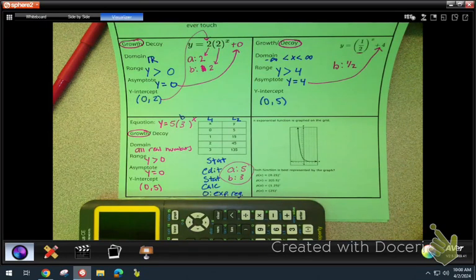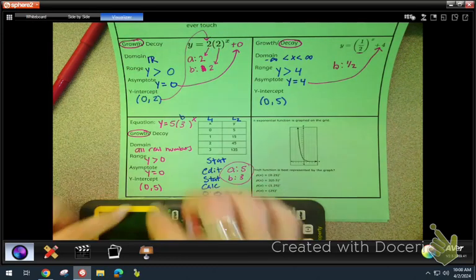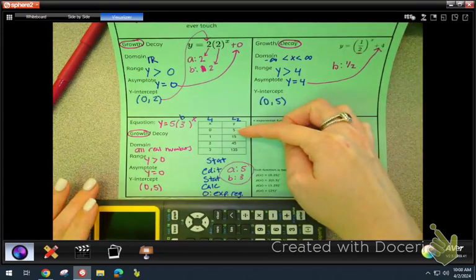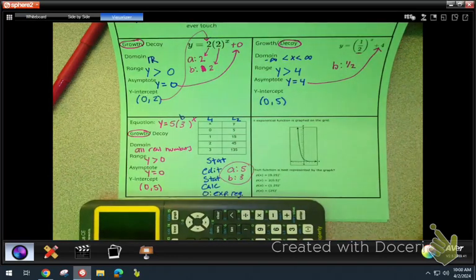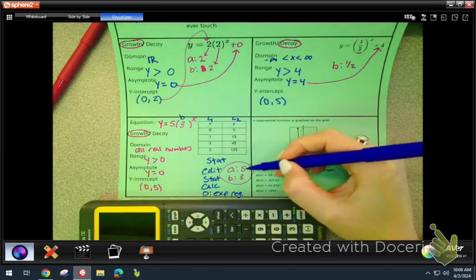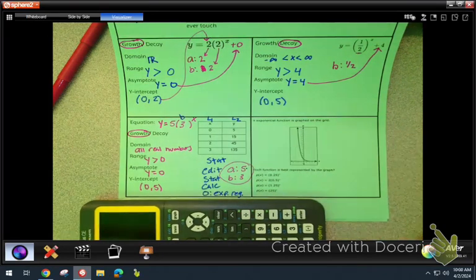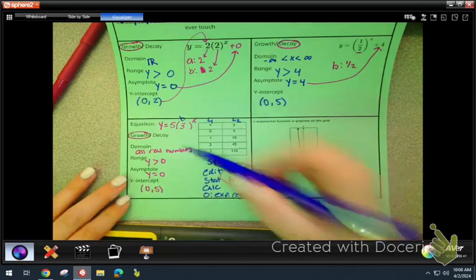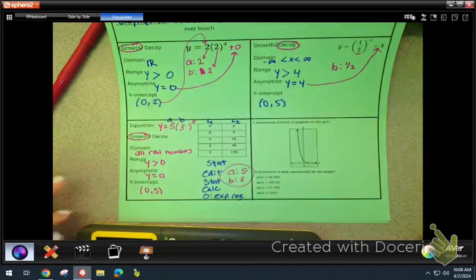Do y'all know where the y-intercept in the equation is? The y-intercept is in the table right here. It's on Desmos, but y'all know where it is in the equation. It's the a value. That's not just a coincidence.